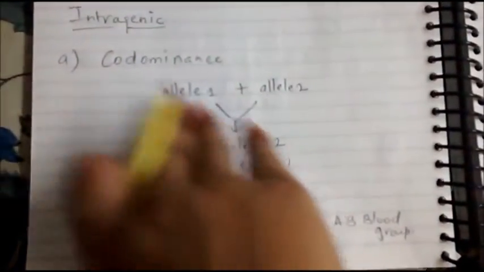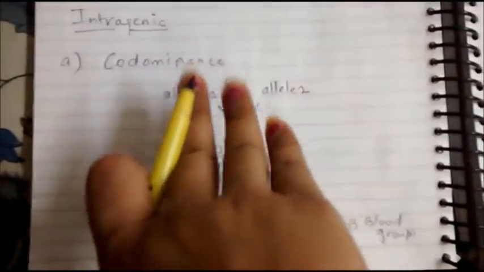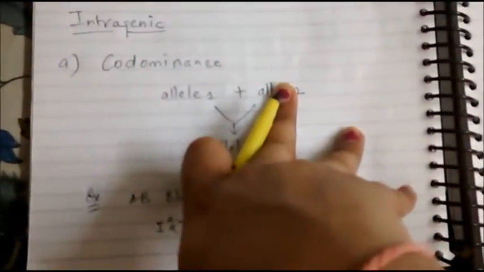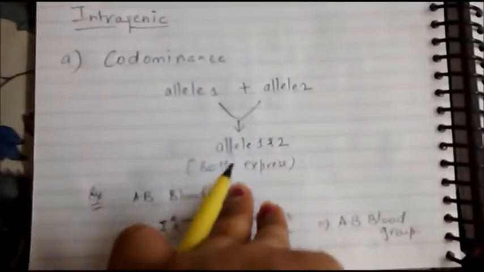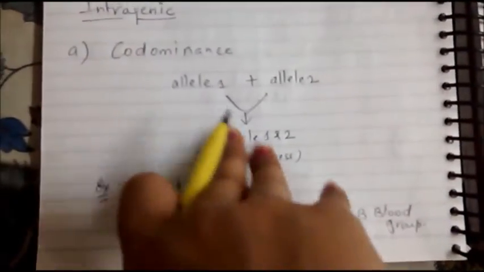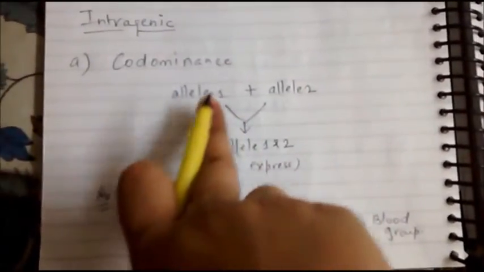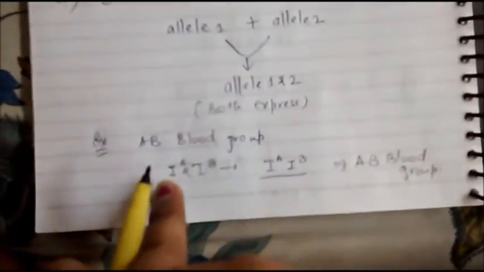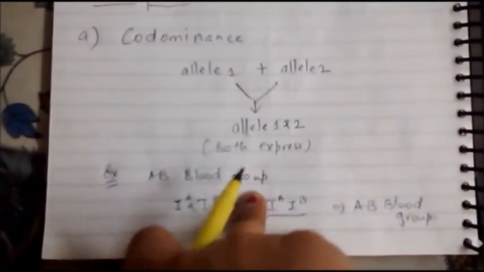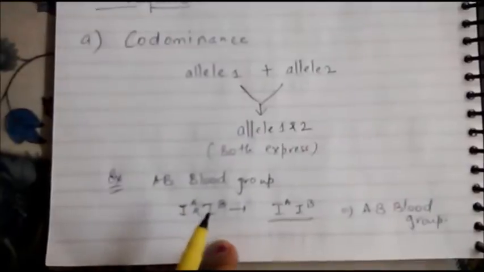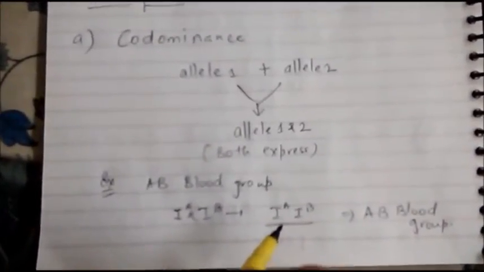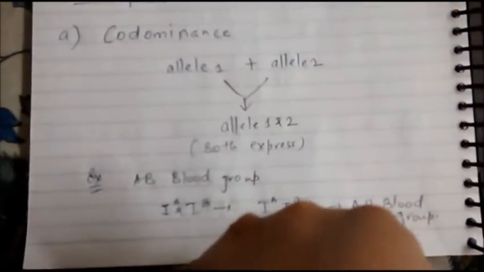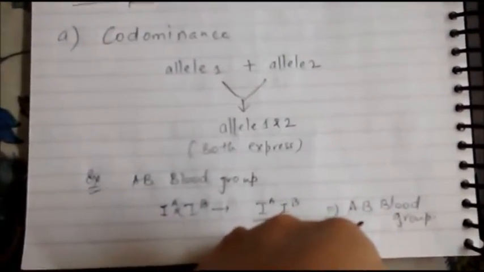But in this case, in codominance, allele 1 and allele 2 both express, and we get an offspring having the character of both, having the trait from both the alleles. Example, AB blood group, where alleles IA and IB are expressed, and thus we get IA and IB, and the resultant blood group is AB blood group.